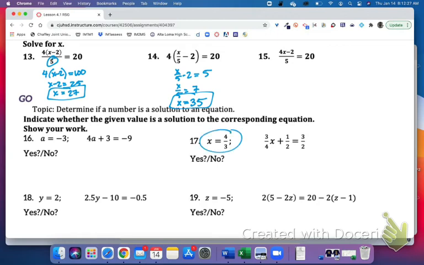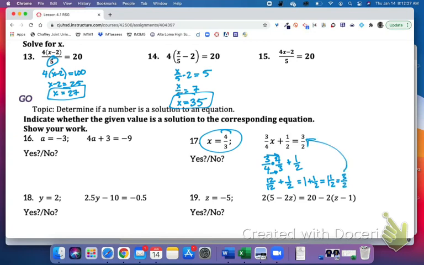So we take this here and plug it into our x value. So 3/4 times 4/3 plus 1/2. Well, we can multiply straight across because we've got fractions here. So we can go 12 over 12 plus 1/2, which we know is 1 plus 1/2, which together is 1.5, which if I were to write it as an improper fraction, would be 3/2.